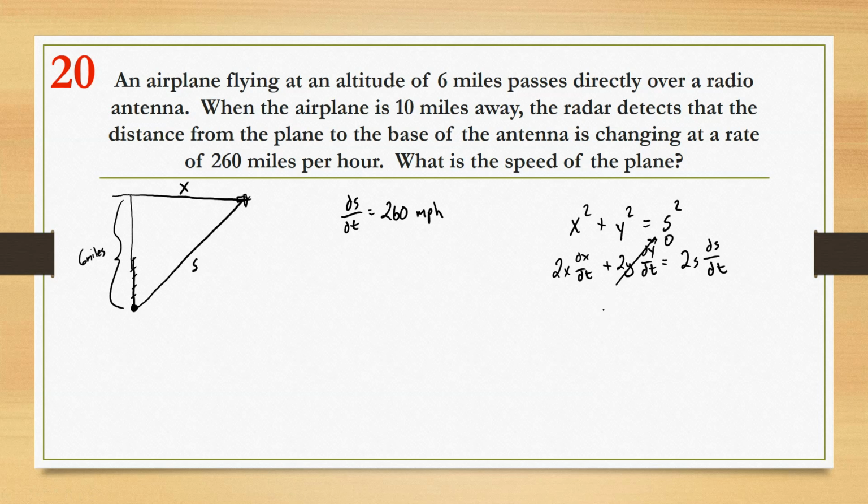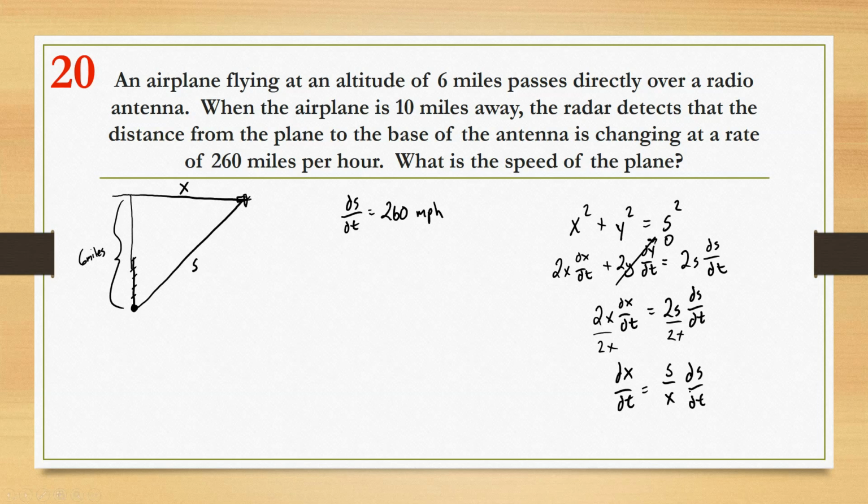So I'm just left with 2x dx/dt equals 2s ds/dt. Since we're looking for the speed of the plane, that's the velocity along the x component, that's the dx/dt. So let's divide by 2x. We get that dx/dt equals s over x times ds/dt.